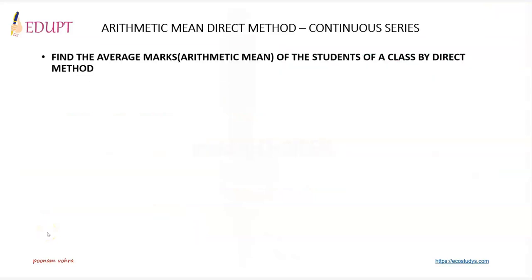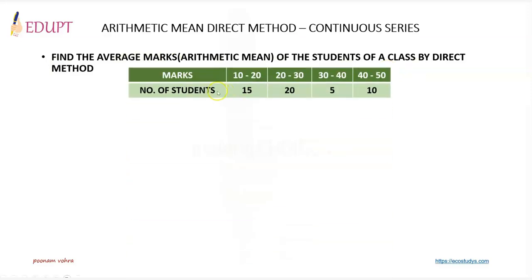Let us understand the direct method in continuous series for finding arithmetic mean. The question is about finding the average marks of the students of a class by direct method. The information is about marks given in class intervals and number of students.